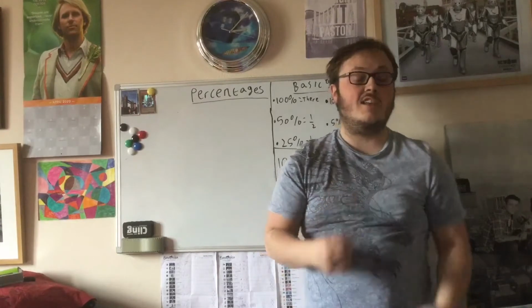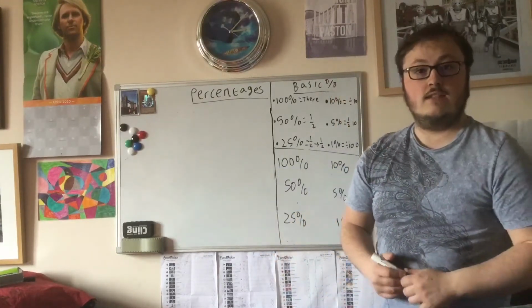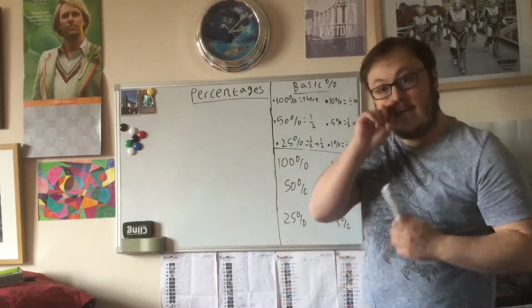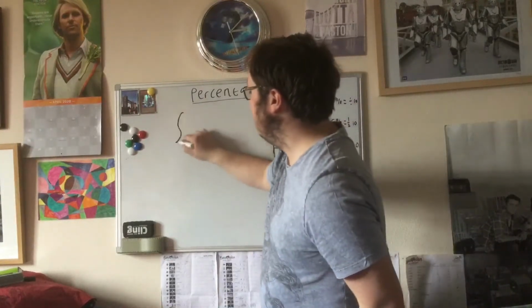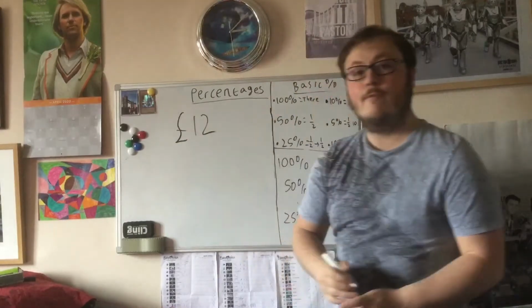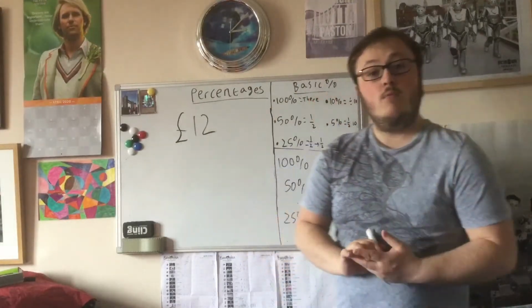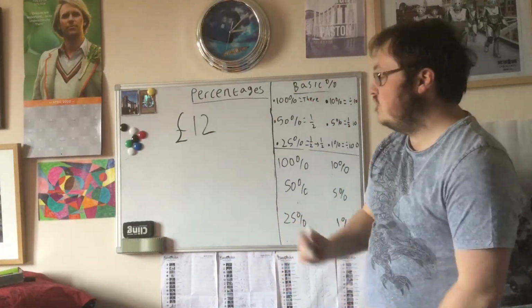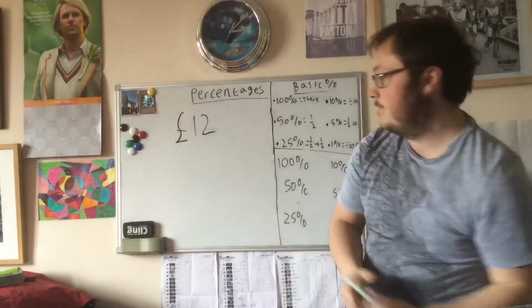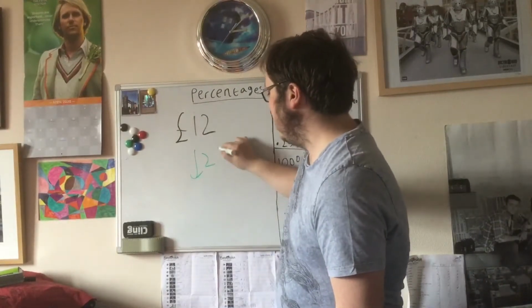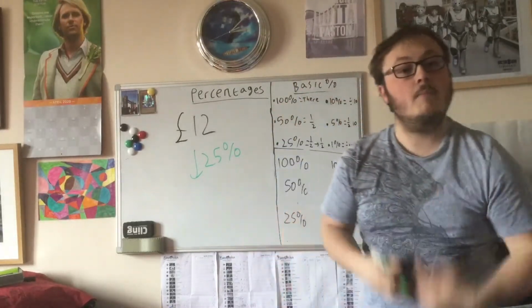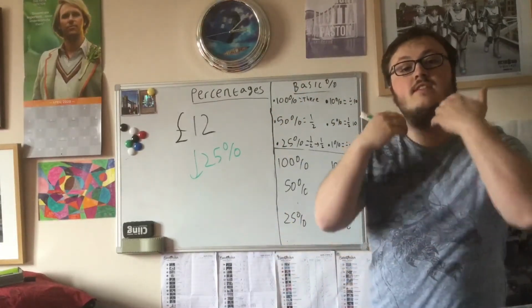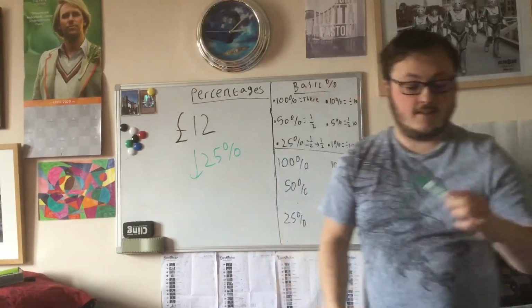This shirt. I actually bought this shirt from Next, one of my favourite clothing stores. The original price of this shirt was £12, but it was on a deal. It was reduced by 25%. So how much did I spend on that shirt?